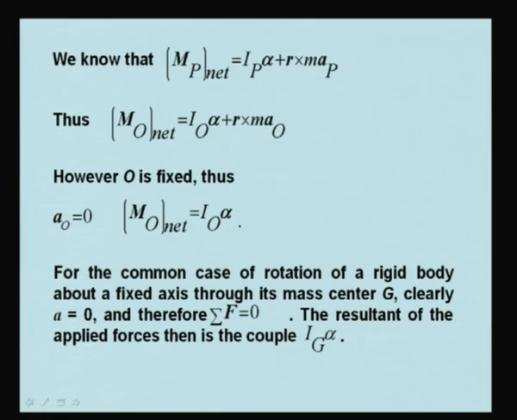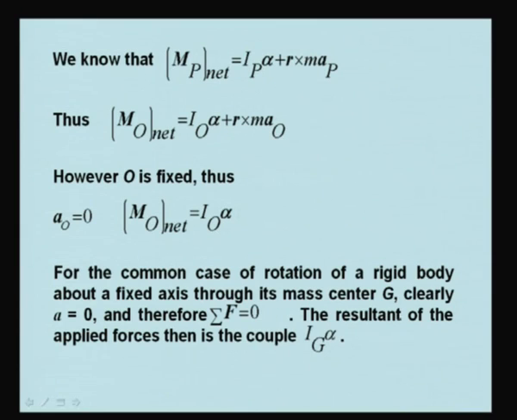Now for the common case of rotation of a rigid body about a fixed axis through its mass center G, in that case a_G will clearly be 0 and therefore sigma F is equal to 0.